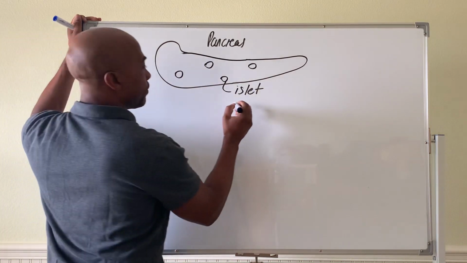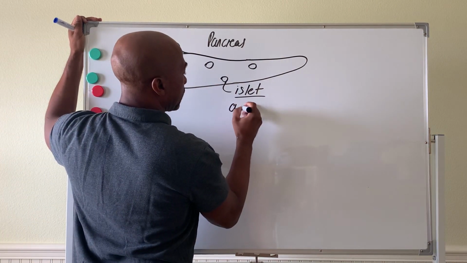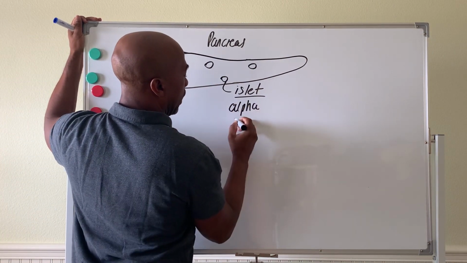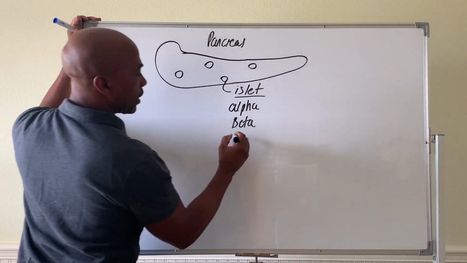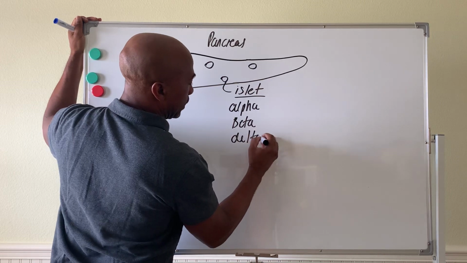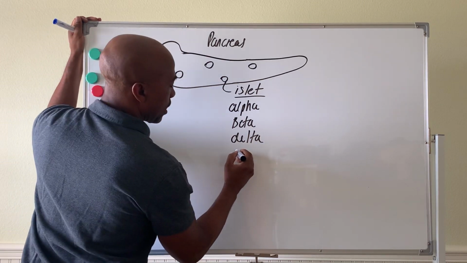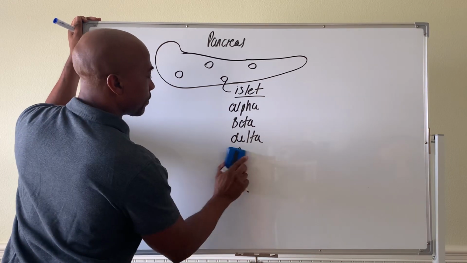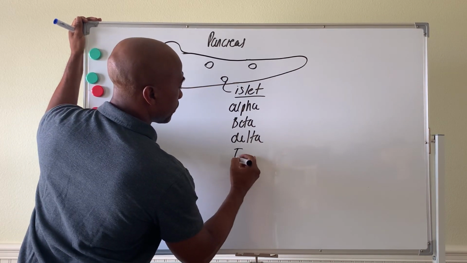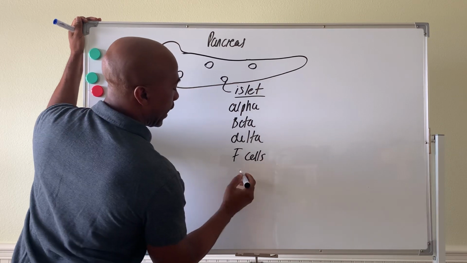They have alpha cells, beta cells, delta cells, F cells, and G cells.